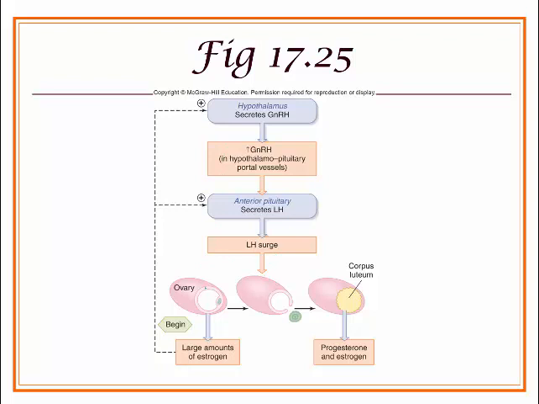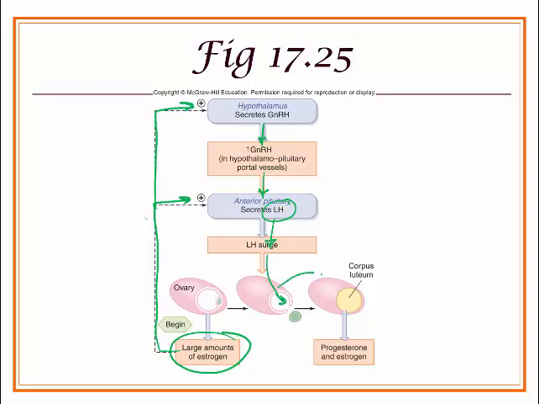So as we get large amounts of estrogen, that's going to be positive feedback to the pituitary and the hypothalamus. We get a new secretion of gonadotropin releasing hormone, which causes the FSH spike, which is not thought of as important as the luteinizing hormone surge, LH surge. That LH surge causes the ovulation.